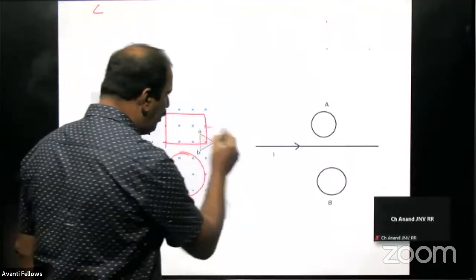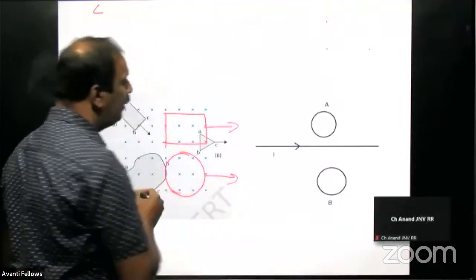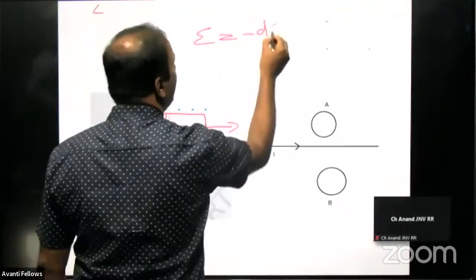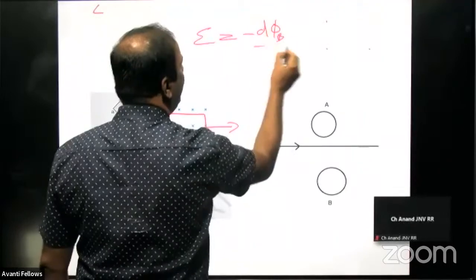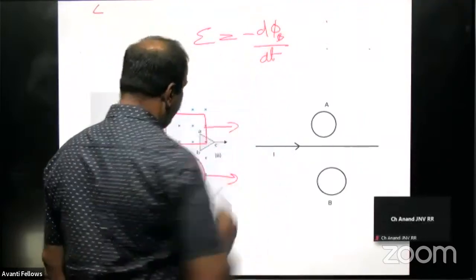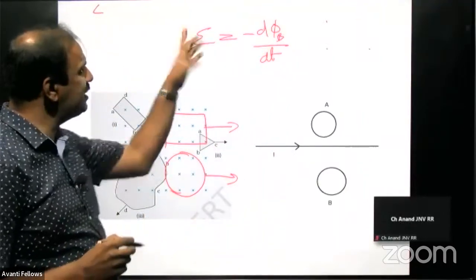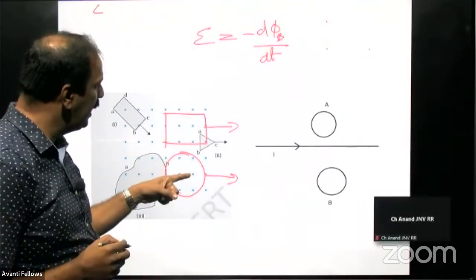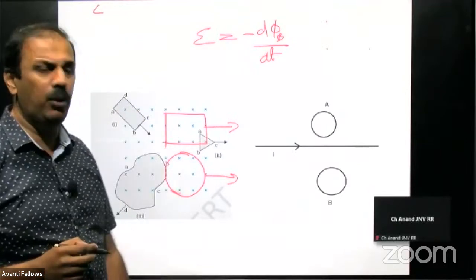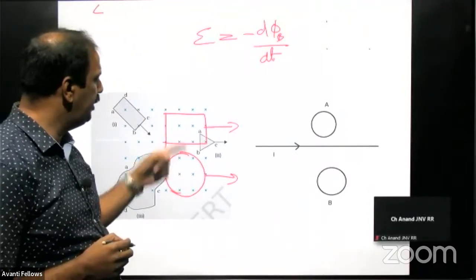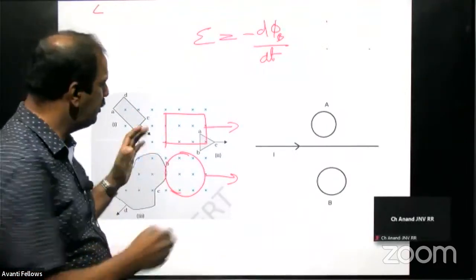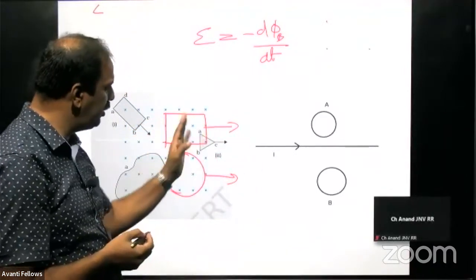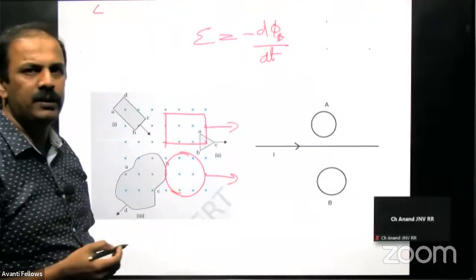When I am taking it out, the induced EMF will be equal to minus d phi B by dt. When you take it out, this is the induced EMF. In this case, where the induced EMF will be more, whether it will be here or here, you just think about after taking out. Once you forget about this edge afterwards.